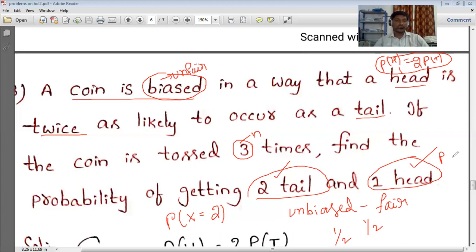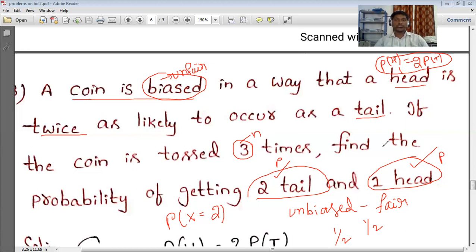But the very important thing is here the getting of heads and tails are not equal. So if we are calculating P of x is equal to 2, you have to choose P as this one. If you are calculating this one, we have to choose P as this one. Okay, please take care of that. Very important thing here.